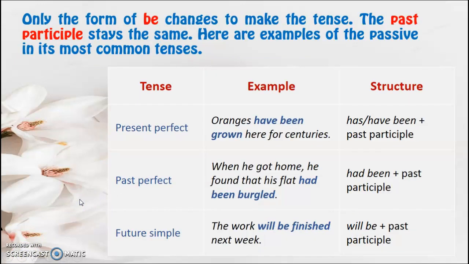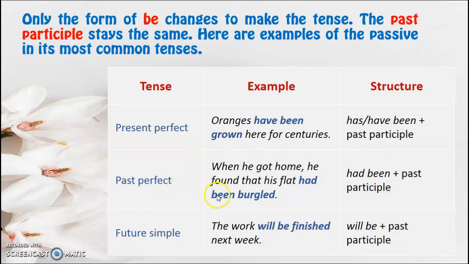Other tenses that we may mention is the present perfect. For example, oranges have been grown here for centuries. We have, that is the auxiliary for the present perfect, been, that is the verb to be, and grown, that is the past participle.